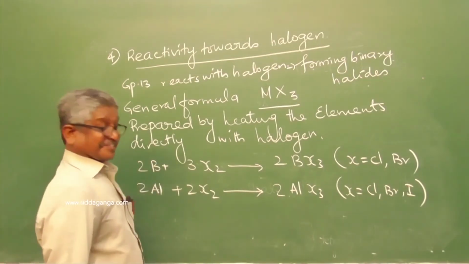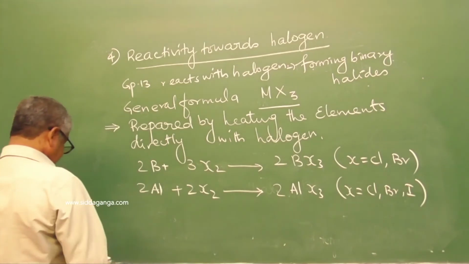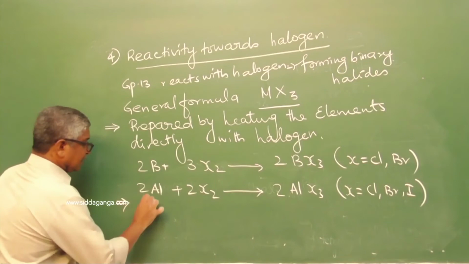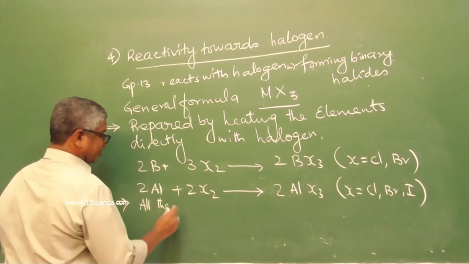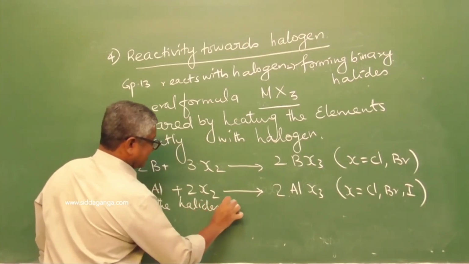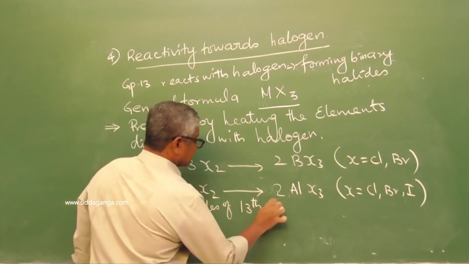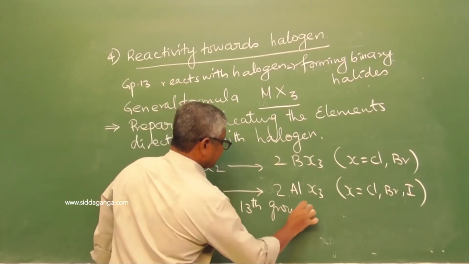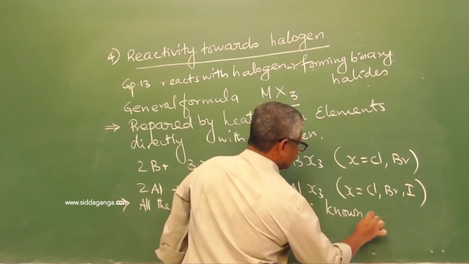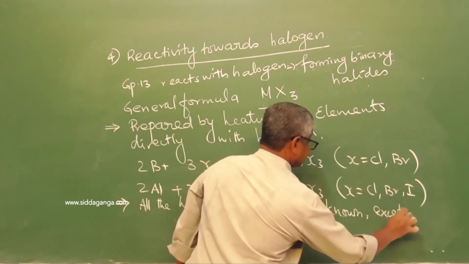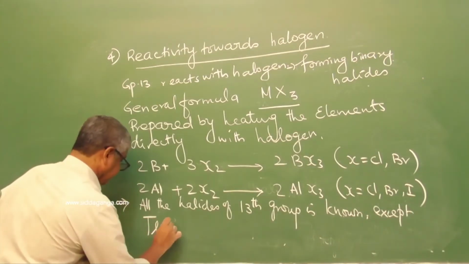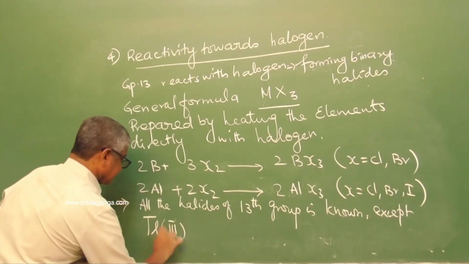All the halides of the 13th group are known except thallium iodide.